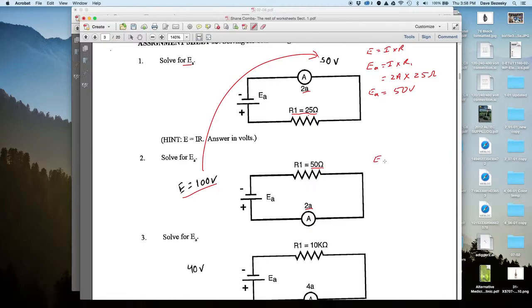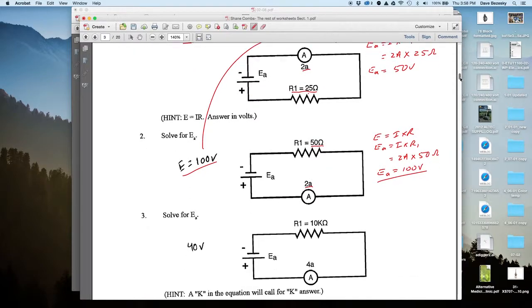Using Ohm's law, E is equal to I times R. EA is equal to I times R1. I is 2 amps, R1 is 50 ohms. So that means E applied is equal to 100 volts. Just as we thought.